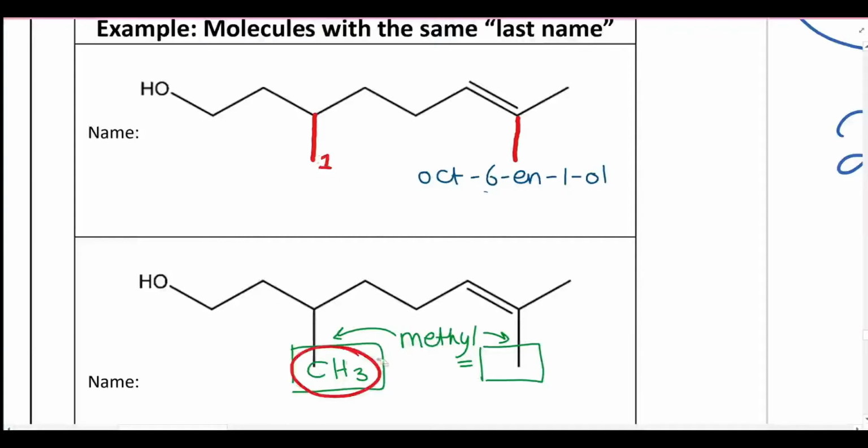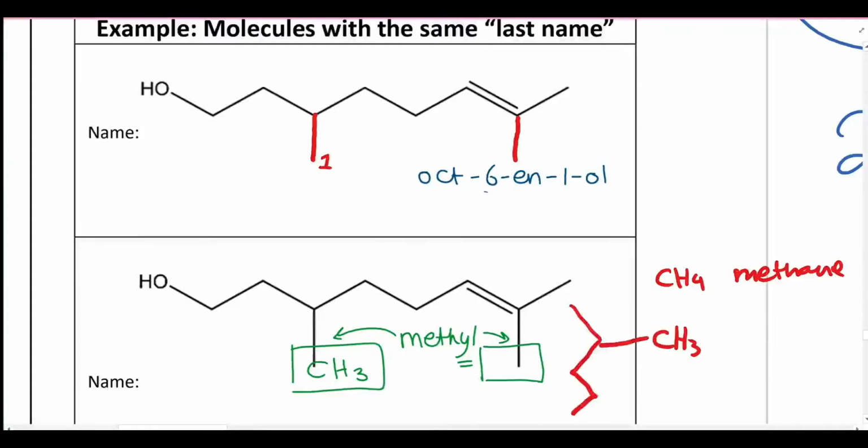If you have a CH4 molecule, it's called methane. This is our natural gas. But if this is a CH3 that is bonded to another carbon, we're going to call it a methyl, with a yl at the end. So again, this is going to be called a methyl.